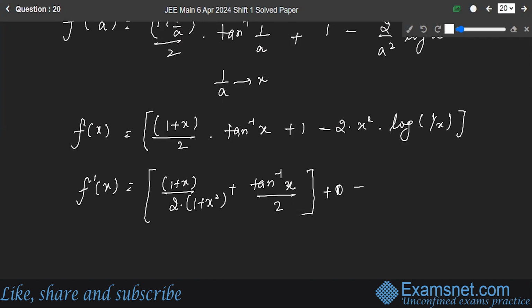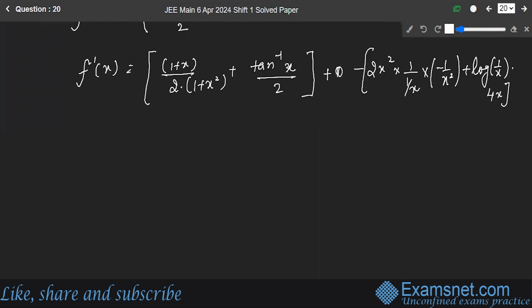And this is again first function into derivative of second. So first function minus, I have taken brackets. First function into derivative of second. So this will be multiplied by 1 upon 1 plus x square into derivative of 1 by x, which is minus 1 by x square. Plus second function into derivative of first. So this is equal to 4x.